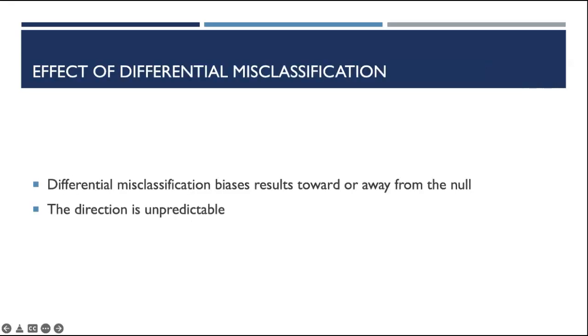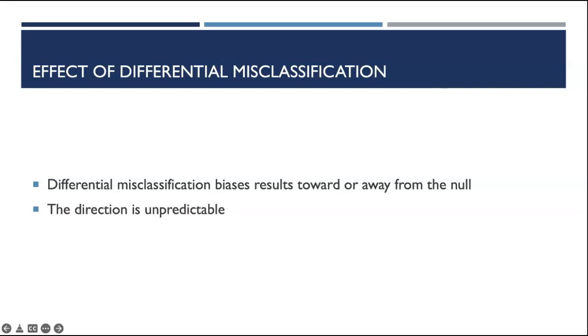So what is the effect of differential misclassification? Remember, non-differential misclassification is, in general, going to bias our results closer to the null. It's going to push us closer to that null value. In contrast, differential misclassification is a bit more unpredictable.